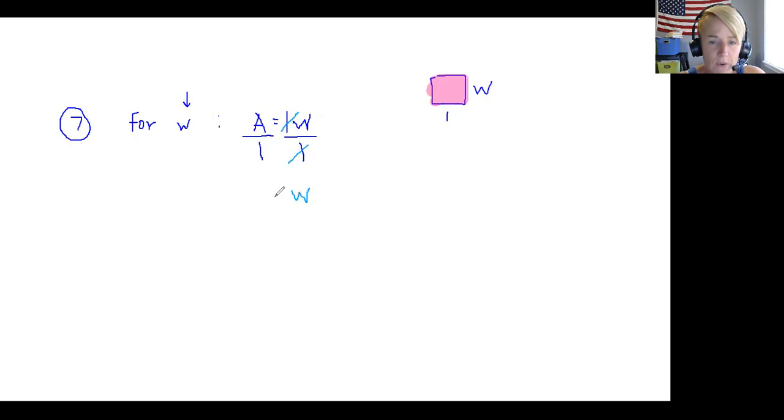That leaves a W on this side. So what does W equal? Area divided by length. Easy peasy. I think you can go ahead and do problem 8 all by yourself. And then when you get finished, meet me back and we'll do problem number 9.